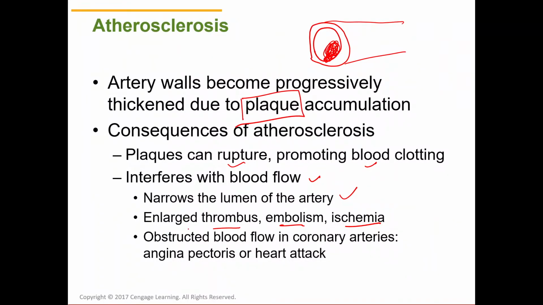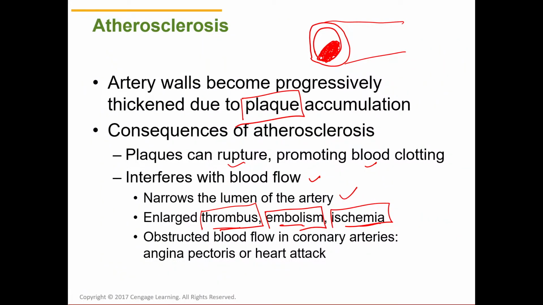And then we have enlarged thrombus, and then embolism, and then ischemia. This is what I was trying to explain initially. A thrombus is more or less just this formation. This thing that I've drawn with this plaque, we can call it a thrombus.